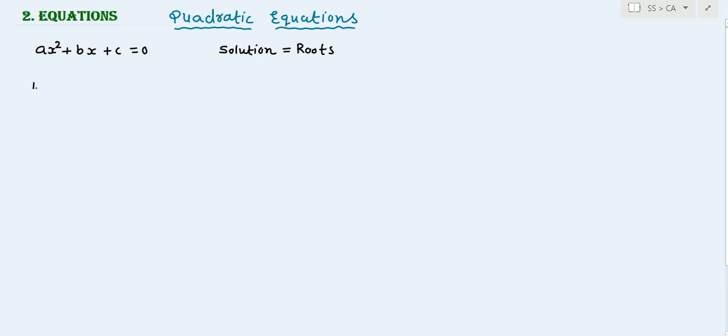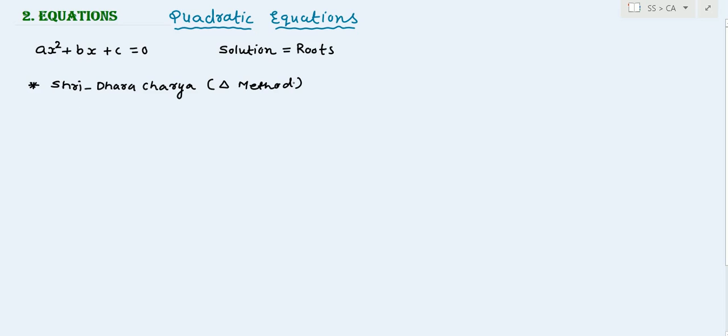Second method is, right now we are discussing this method, Sridharacharya method. In short, we say Sridharacharya method is also known as delta method or D method.